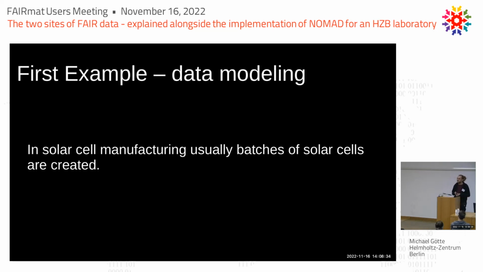For that, I want to give a quick example regarding data modeling. It's a classical lesson from data modeling, known to people who work with relational databases, but it's probably important for the material science community to understand too, to see what is needed from a data modeling perspective.